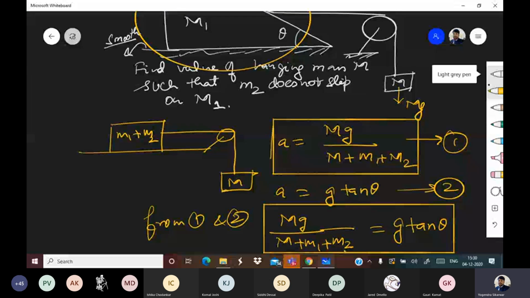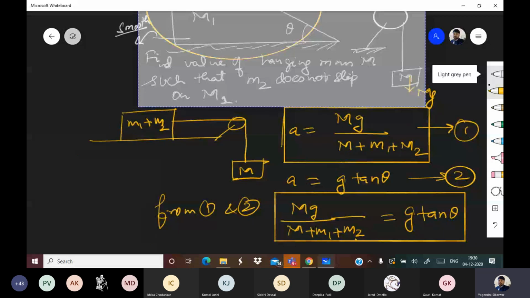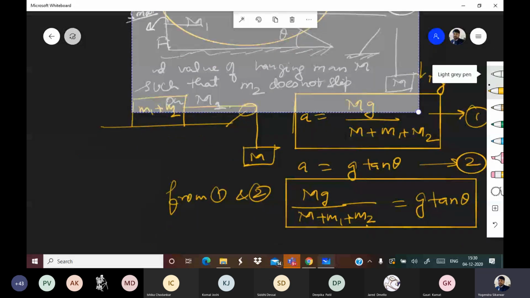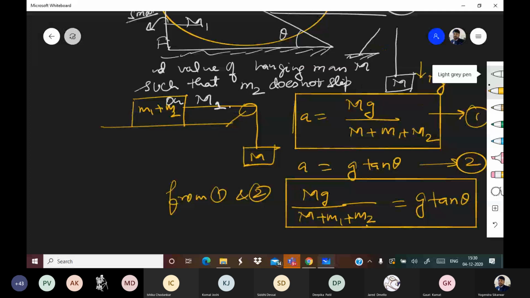Okay, so what I am saying, everyone, please pay attention. We know that if such sort of system is there, where one mass is hanging and other mass is on table, or on horizontal, then acceleration is equal to mg upon m plus another mass.